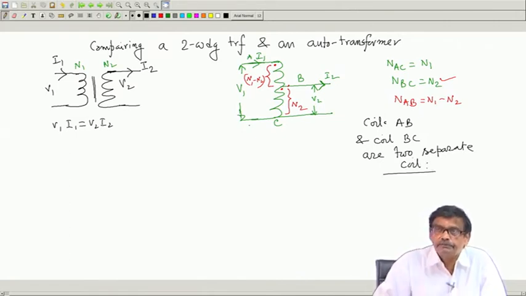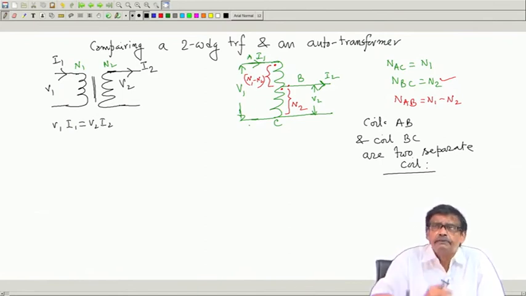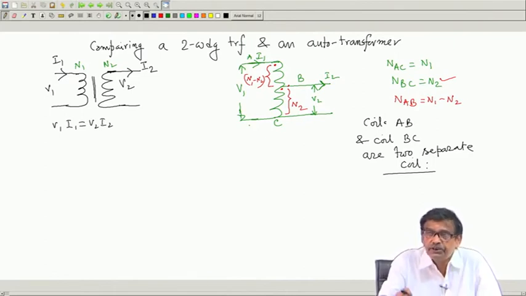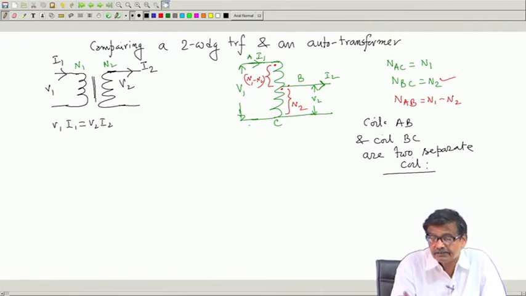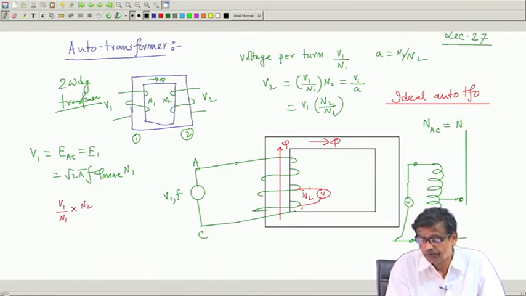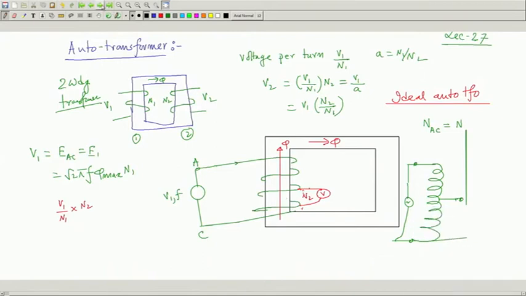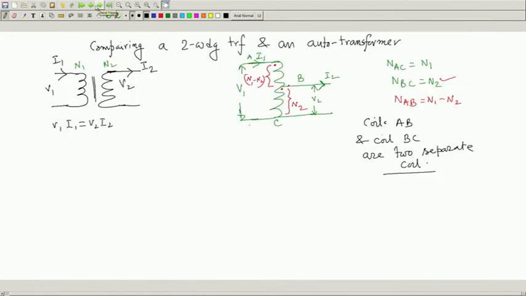This and this portion, this must be understood, that is a very important point to be noted, and they are linking the same flux. Therefore, MMF and voltage ratios will follow the rules of a two winding transformer. What else? Flux is common, same flux, is it not? In the previous diagram, this is the core, flux is common to both the parts. So, same flux, and I have identified coil AB and coil BC.